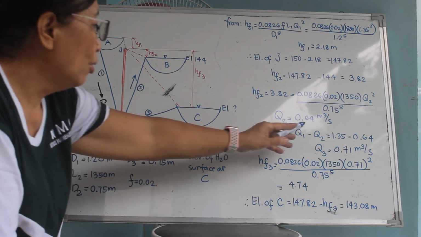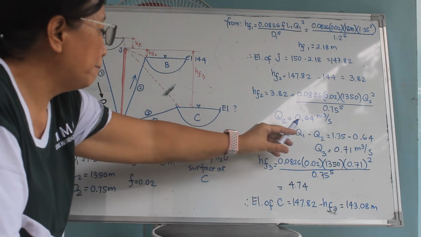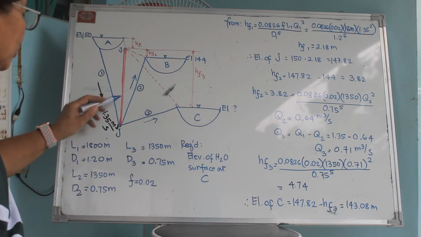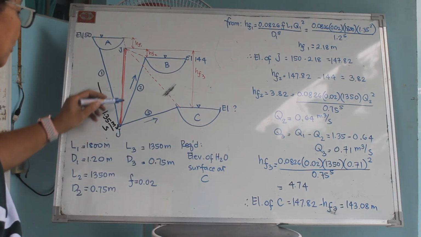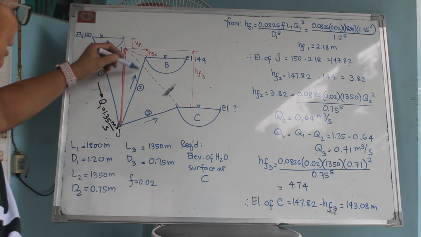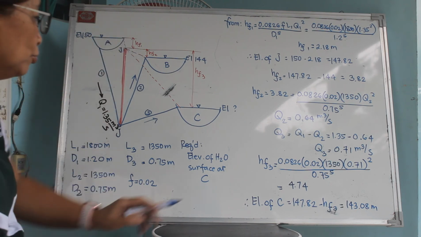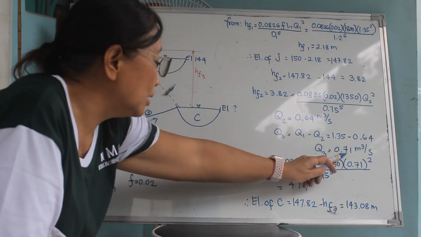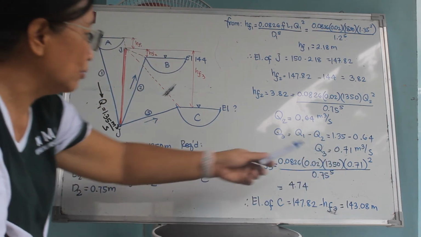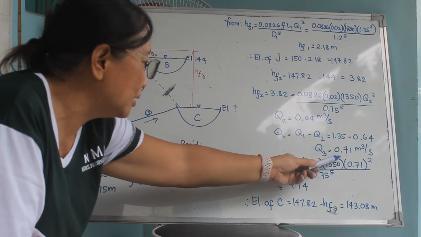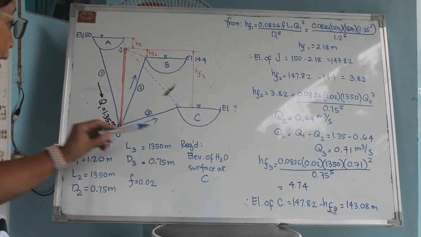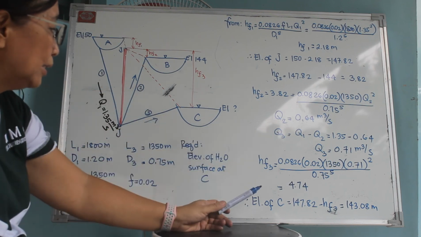So that is where portion of 1.35 goes, 0.64. So, dun sa 1.35, 0.64 pala yung discharge along pipe 2. So, ano lang yung natira na discharge sa pipe 3, which is 0.71. So, 0.64 and 0.71 is 1.35. Yun ang pinaghatian nung pipes 2 and 3.